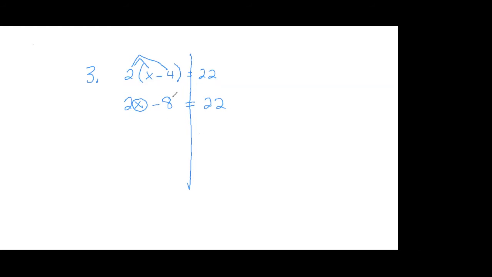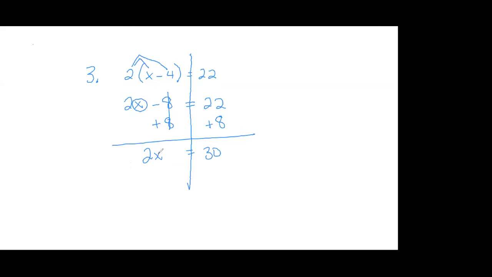Okay? So we're going to get rid of this minus 8 first. What's the opposite of minus 8? It's plus 8. So we're going to add 8 to both sides. So we got 2x is equal to, and 22 plus 8 would be 30. All right.